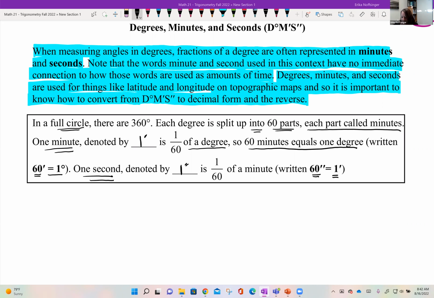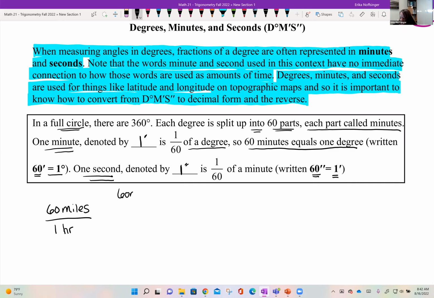So let's say that we are going 60 miles per hour. So 60 miles over 1 hour.